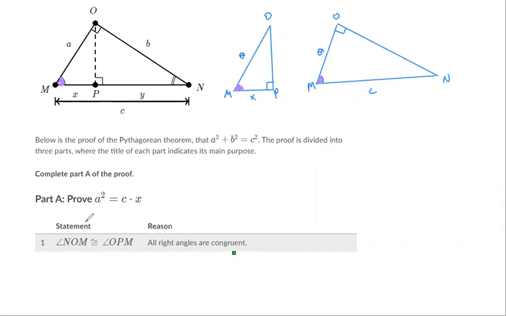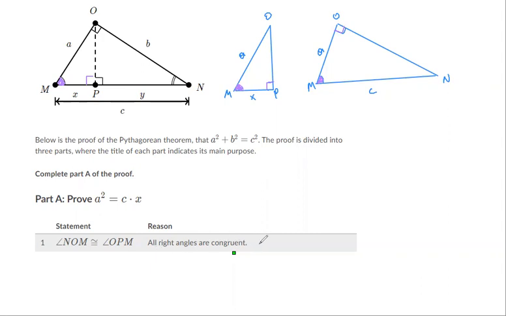So the angle NOM, okay, this is N, OM, which is this guy, is 90 degrees. Okay, and then we are told this is congruent to OPM. So this was 90, so this is also 90 because we dropped the altitude. So this is 90, and so this is 90 as well as this is 90.